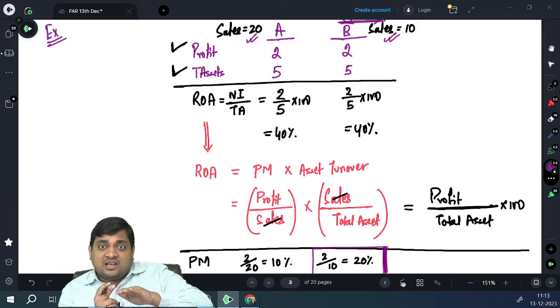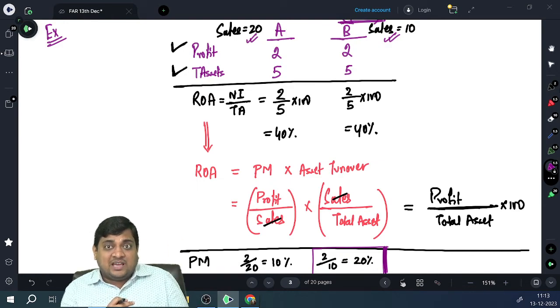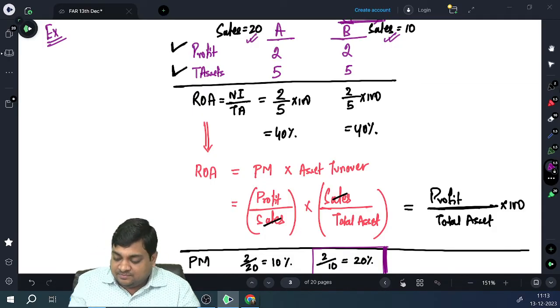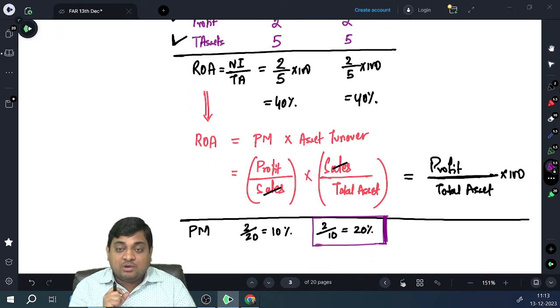So which company is on a larger economies of scale? Obviously company A. Despite A being on larger economies of scale, A is unable to capitalize on that. Its cost of production is 90%, right? So on this part A needs some kind of improvement, right?